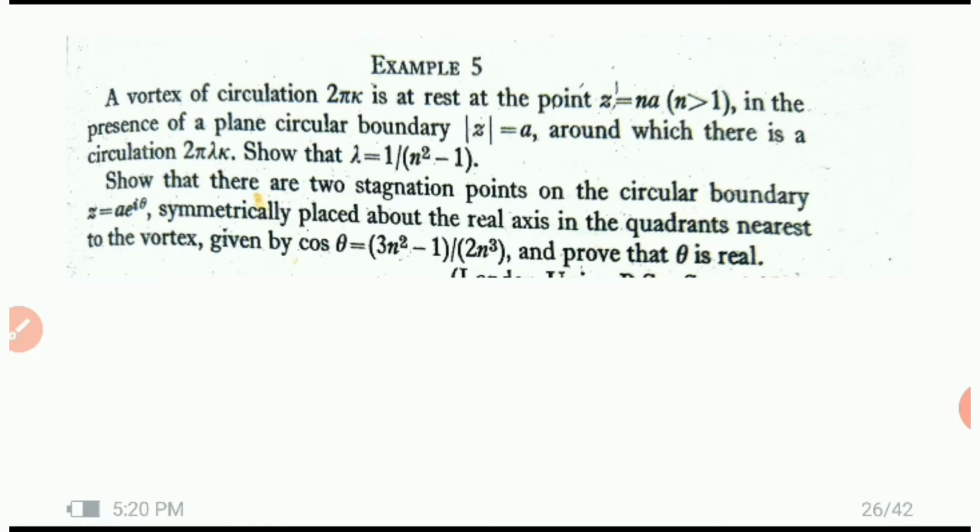Or show that there are two stagnation points on the circular boundary z = a e^(iθ), symmetrically placed about the real axis in the quadrants nearest to the vortex, given by cos θ = (3n² − 1)/(2n³), and prove that θ is real.